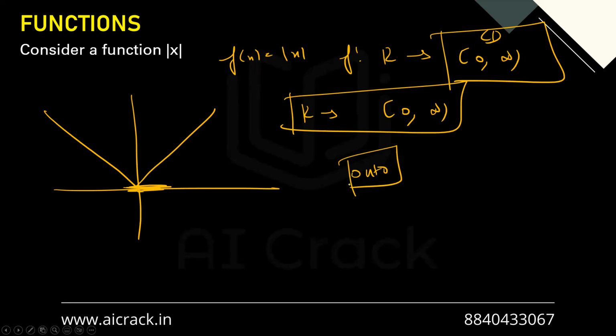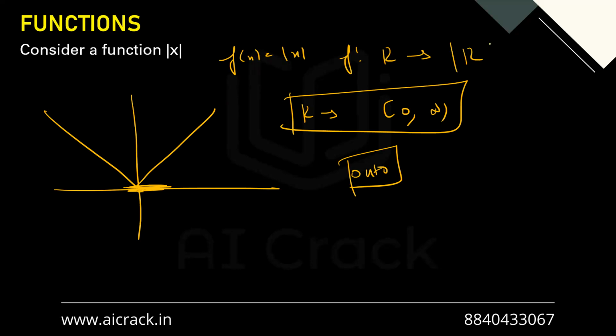But you can see that it totally depends on the definition of codomain. In case the function was defined from R to R, where R is the codomain, the function would become into. So it totally depends on the definition of the function and the codomain, based on which we can choose if the function is onto or into, right?